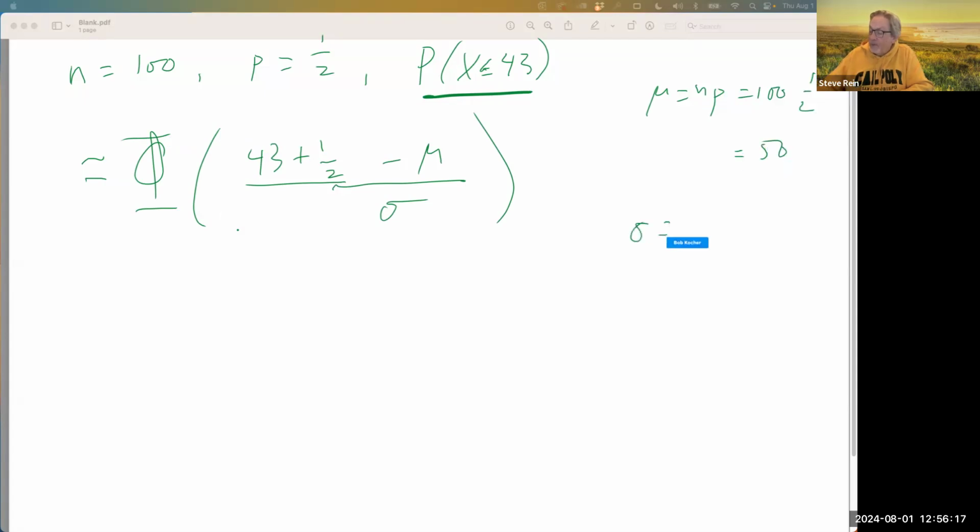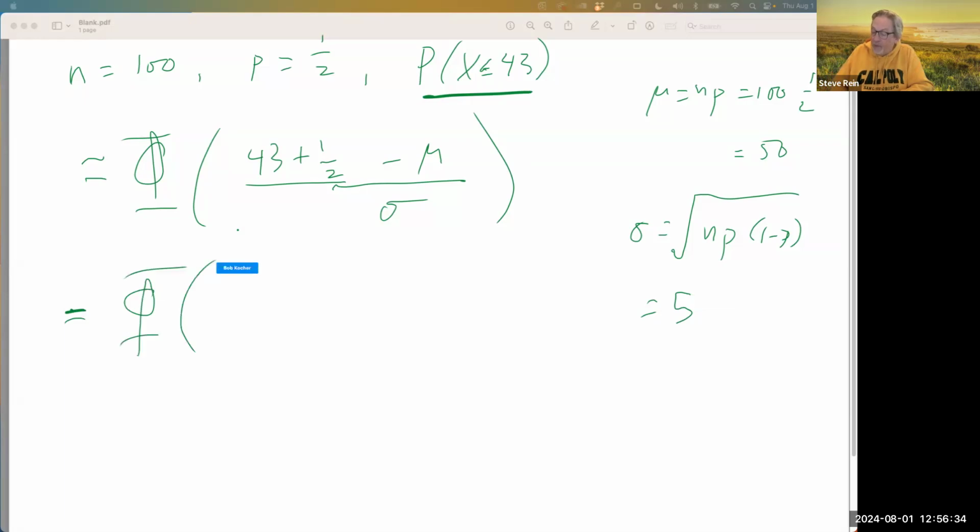And sigma is the root of n times p times 1 minus p. So that's the root of 100 times the root of 1/2 times the root of 1/2. That's 10 times 1/2, that's 5. So we say this is cap phi of (43.5 minus 50) over 5.